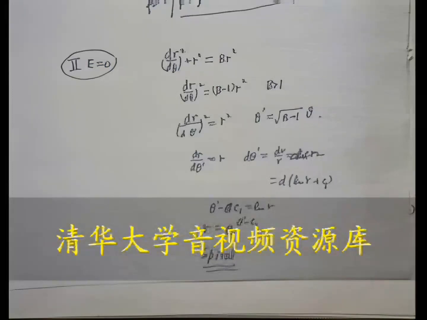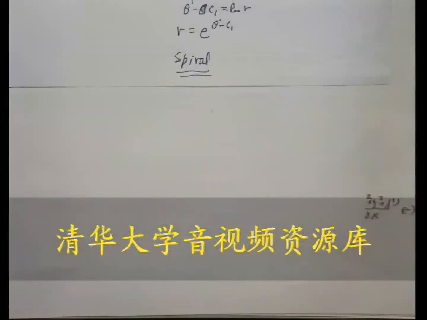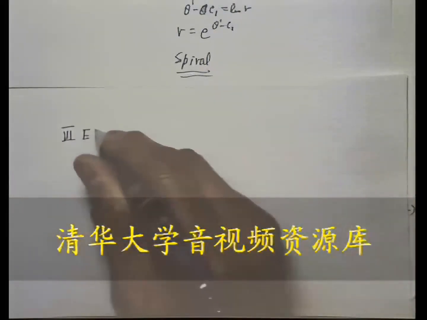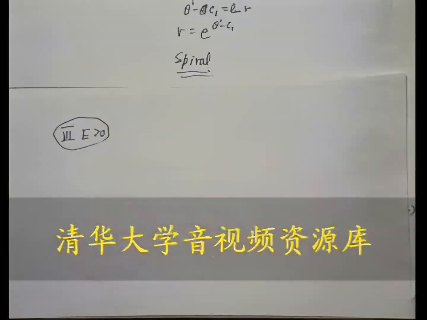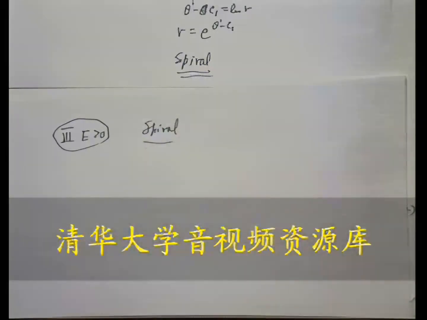So in both of these cases, and also for the third one, the third case is E greater than 0. I'll not go through the details. You also get a spiral. So for this case, one would not get a closed orbit. You always get some very complicated rotation.